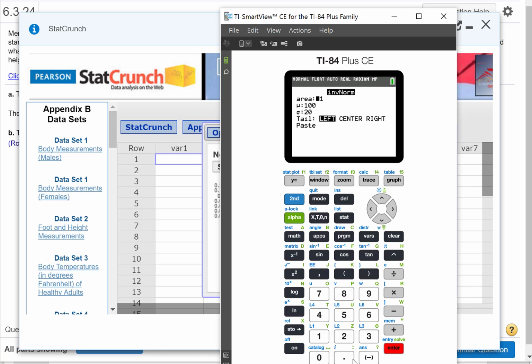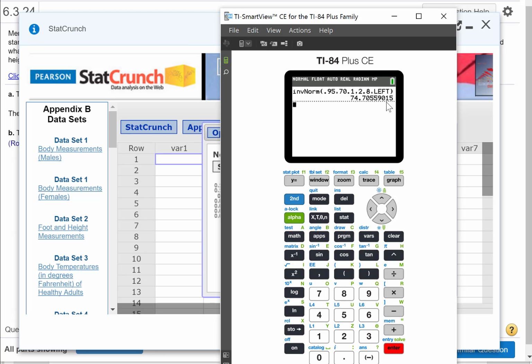And it's my area, which is 0.95, my mean, 70.1, standard deviation of 2.8. If you have the option here, I think it defaults to the left. So if you don't have the option, it defaults to the left, so that's why I point to 0.95, press enter.